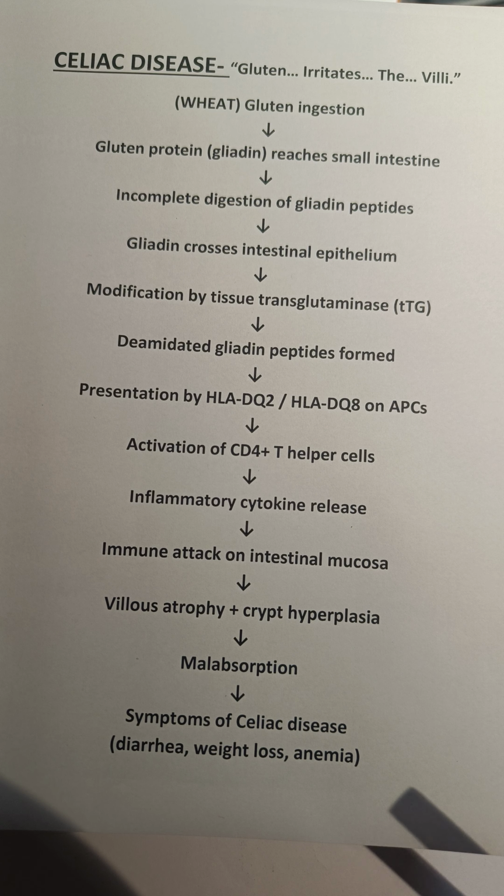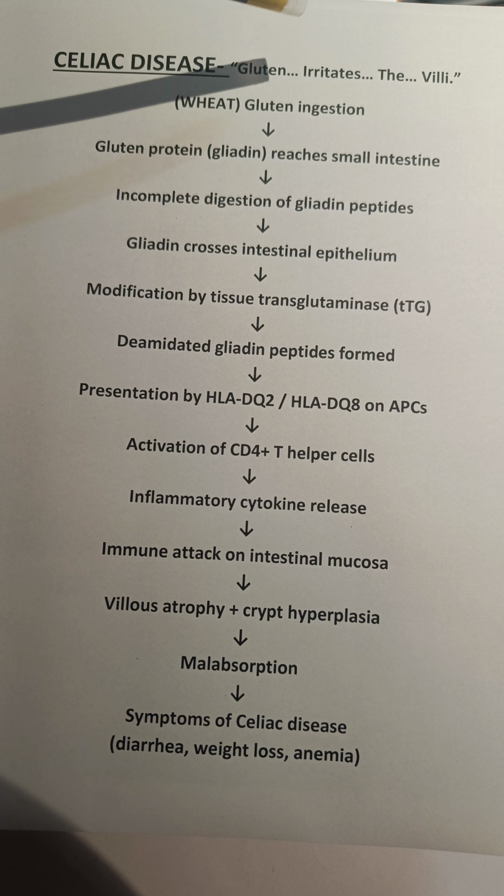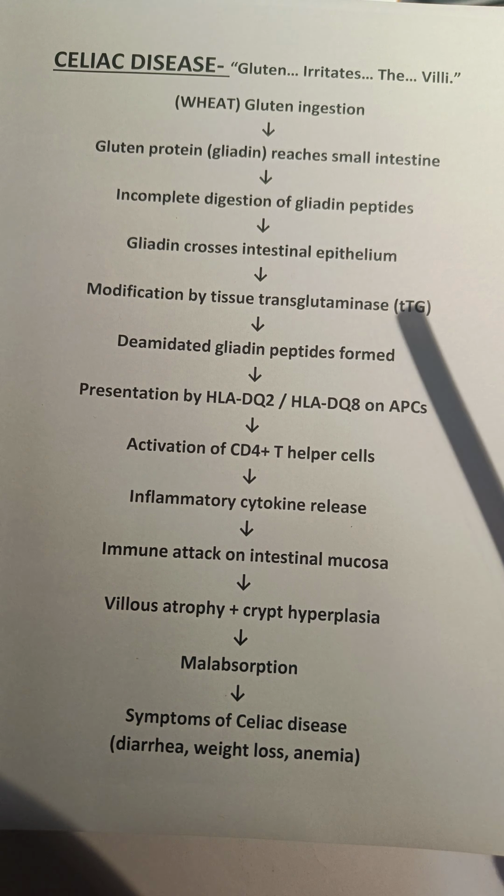So how do I remember this? There is a small exam tip, a simple mnemonic: gluten irritates the villi. Whenever you remember celiac disease, remember the gluten in the wheat irritates the villi. Here, the first G stands for gluten itself.